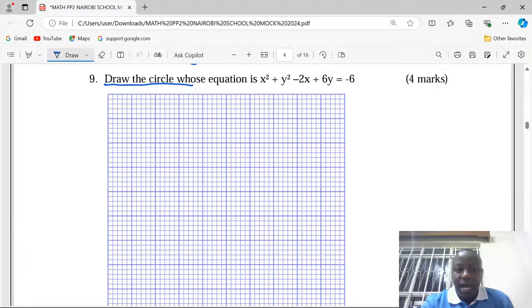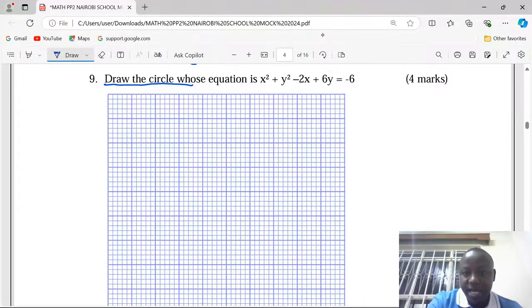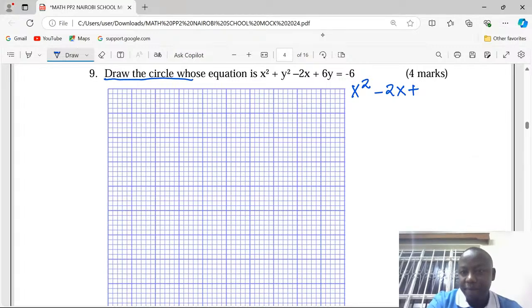We'll complete the square by having the terms with x, which is x squared, then minus 2x, plus a constant for us to complete the square.